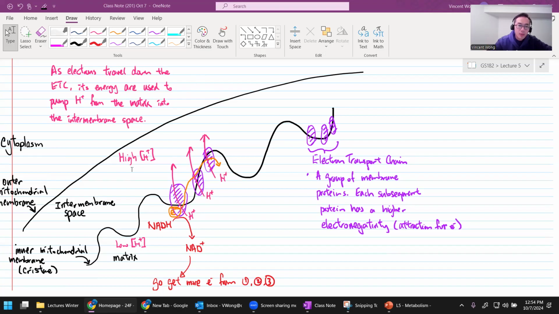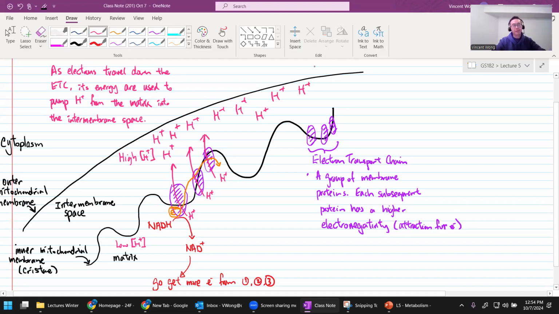All right, so we have a lot of H plus in the intermembrane space and not as much in the matrix, right? So where do you think the H plus would tend to go? All right, here I'll put more H plus here, lots of H plus, because we have been pumping them into the intermembrane space. So things naturally want to go from high to low, right?